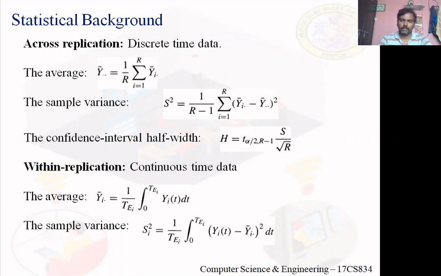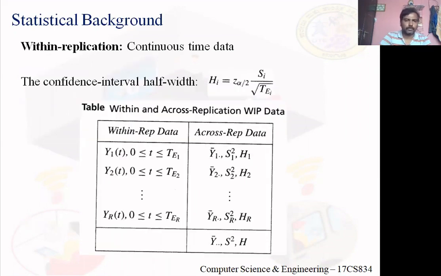The same, but here we have applied it for a function y of t. Got it? So what is the actual sample variance? We need to compute the difference between the mean and each element. We need to square this difference. We need to sum all, and we need to divide by time. That is an average. Got it?